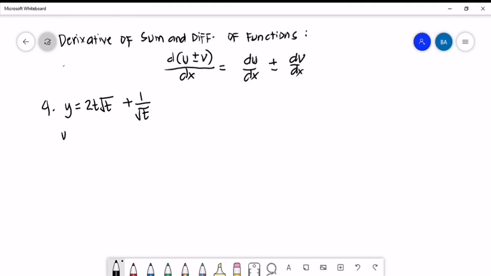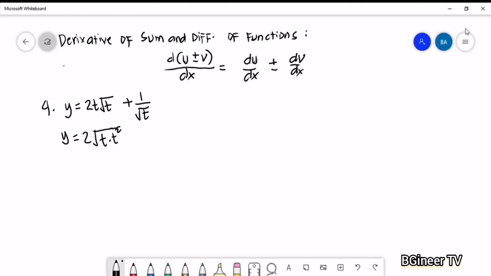If you put the t inside, we could say that this is equal to t times t raised to 2, right?